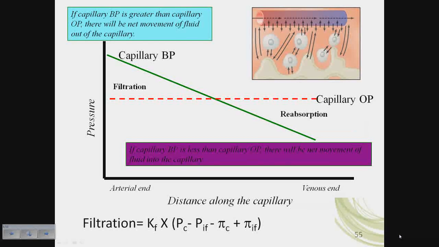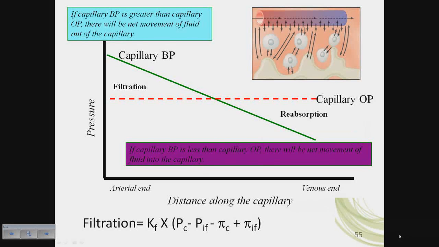And by the time you get towards the venous end, the capillary hydrostatic pressure drops to 10 millimeters of mercury. Now at that point, towards the venous end, capillary hydrostatic pressure is less than capillary colloid osmotic pressure, which is still 28.